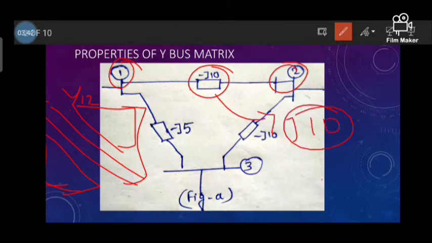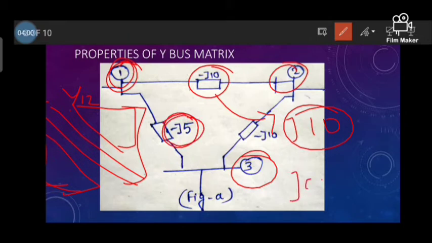So its admittance is j10. Like that, y13 means the admittance connected between bus 1 and bus 3, that is minus j5, but taking the minus sign of that admittance, minus of minus j5 is equal to j5. Like that, it is property number 2.